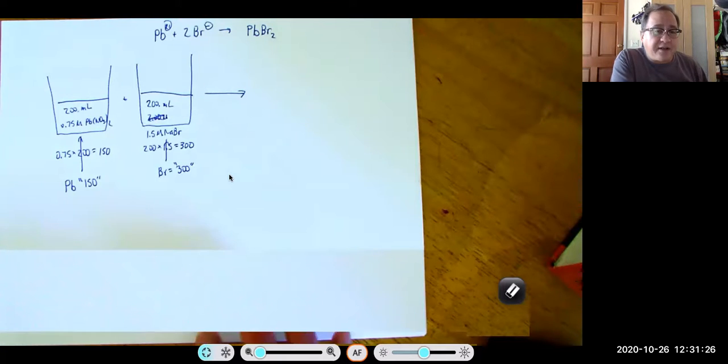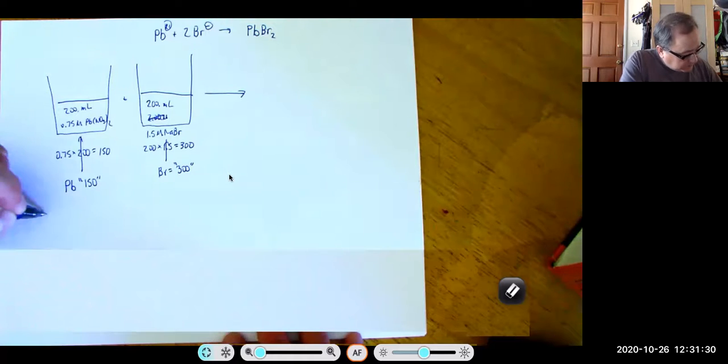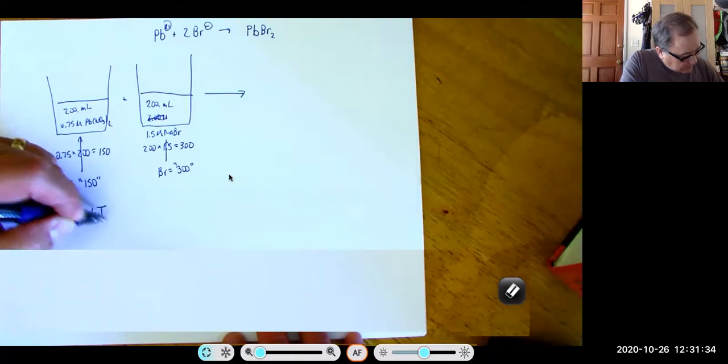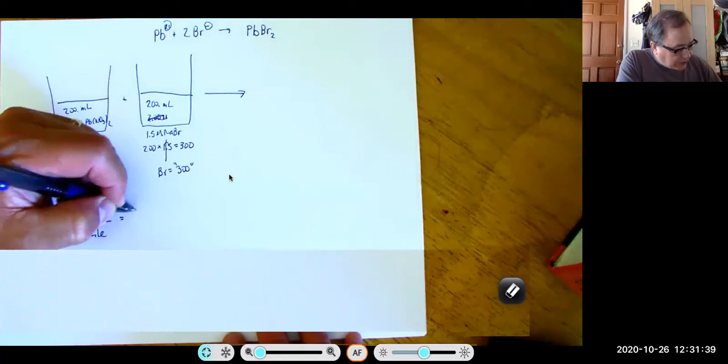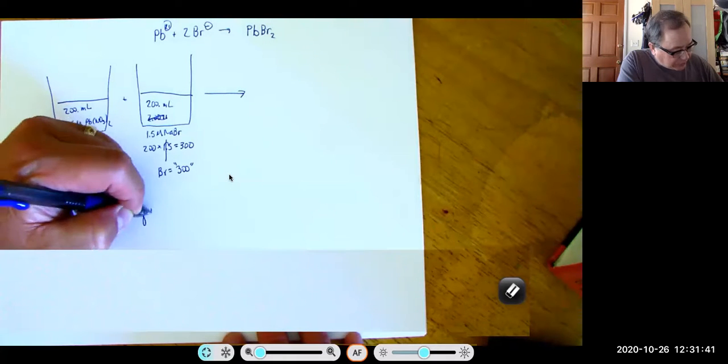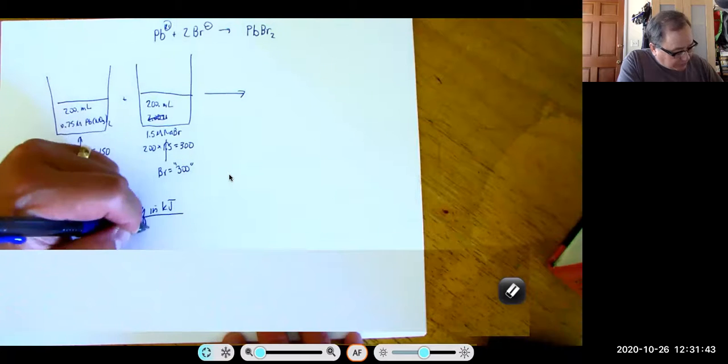So we're supposed to calculate the enthalpy change in kilojoules per mole, which means I'm going to need 2 things. I'm going to need the Q in kilojoules, and I'm going to need the moles.